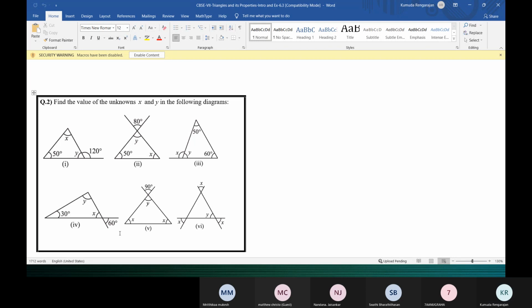They are... x and y are? Ma'am, linear. Ma'am, they are linear pair. No. They don't form a linear pair.